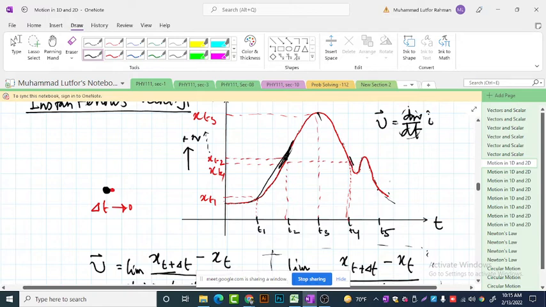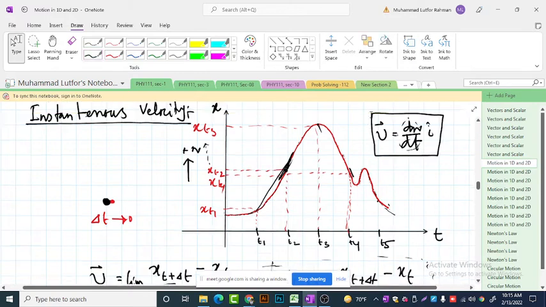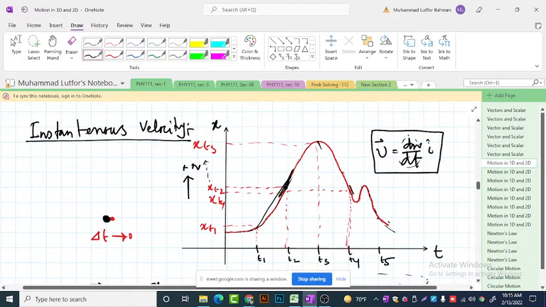Fine. Now, why would it be 0 actually? To find the 0, since I defined the instantaneous velocity by the tangent of this curve, why would the tangent be 0 for this curve? Parallel to the x-axis.